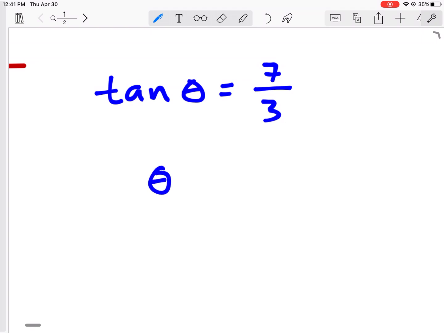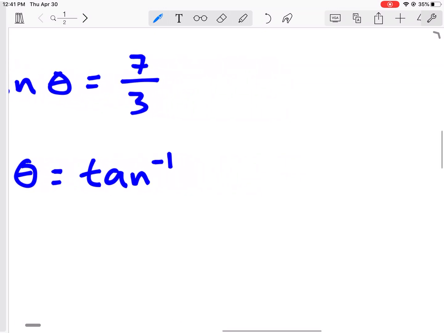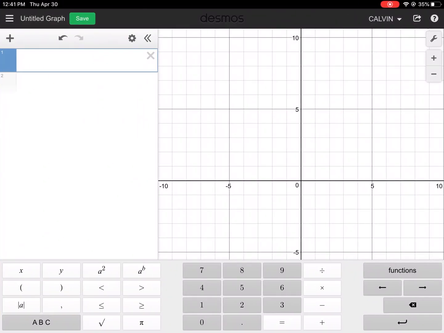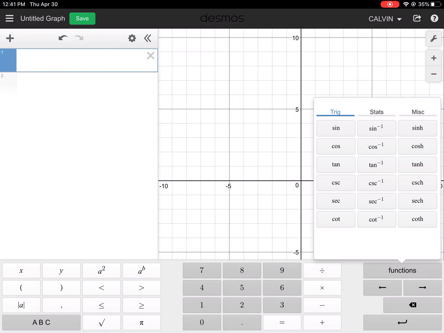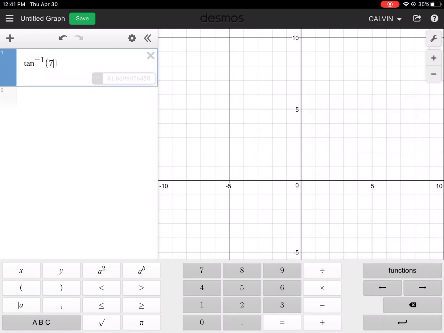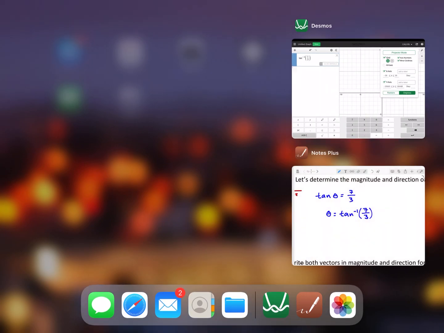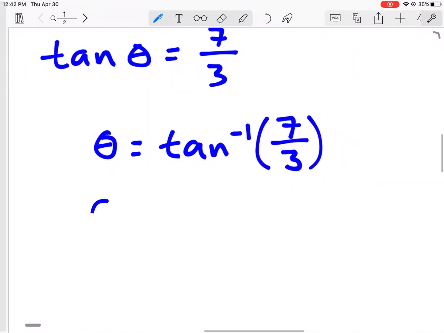Which means that theta would be equal to the inverse tangent, after applying the inverse tangent to both sides, of 7 over 3. Give that a quick shot in the calculator. Tangent inverse 7 over 3. I already have Desmos set to degree mode. You can switch between degree and radian. It's 66.8 degrees.